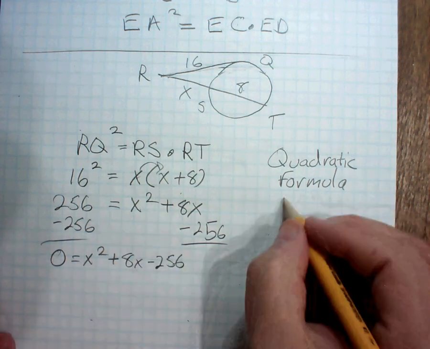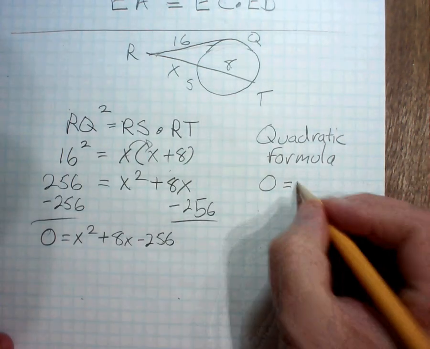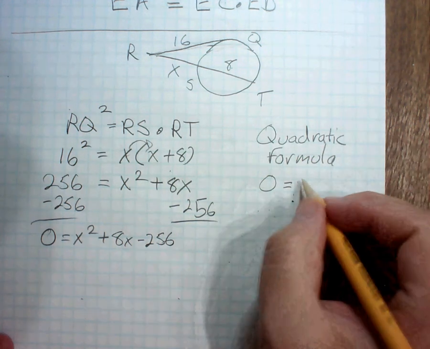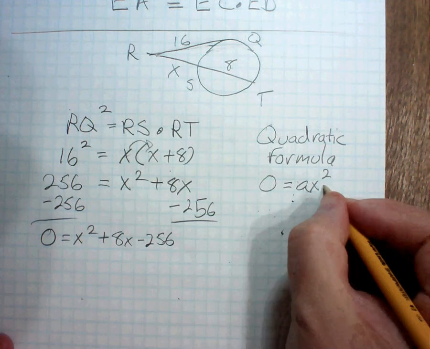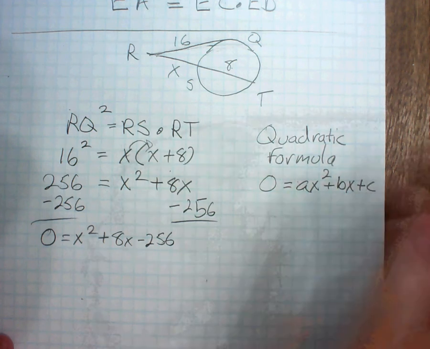So the quadratic formula is this: if you have a quadratic that's set equal to 0, this is how you solve a quadratic. So this is what we call a quadratic, this right here.